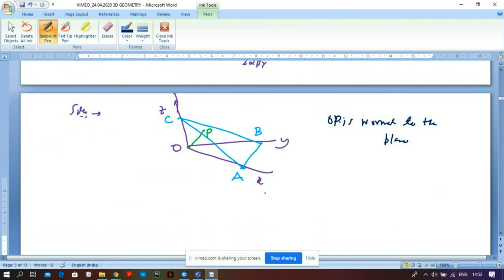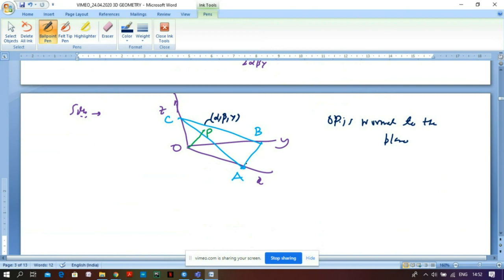So what I can do is write the P coordinates. Already it is given, so P is alpha, beta, gamma. I won't waste my time in assuming A, B, and C, that's not needed. Let's see what we can do from here.